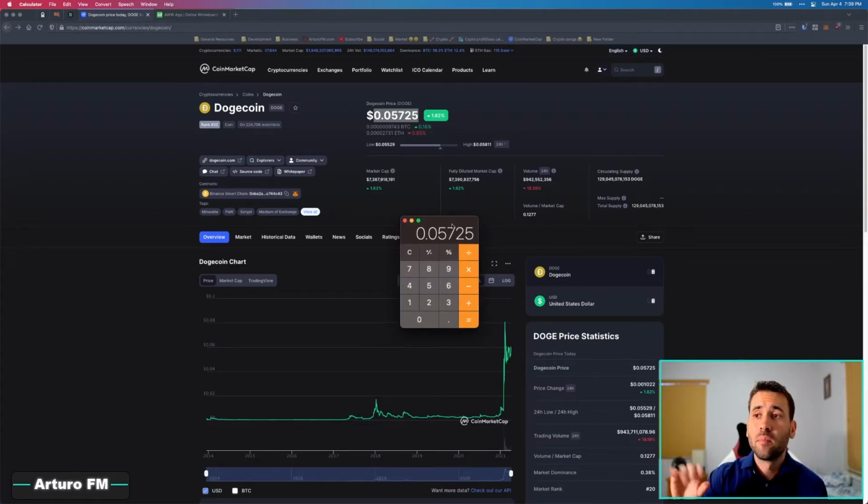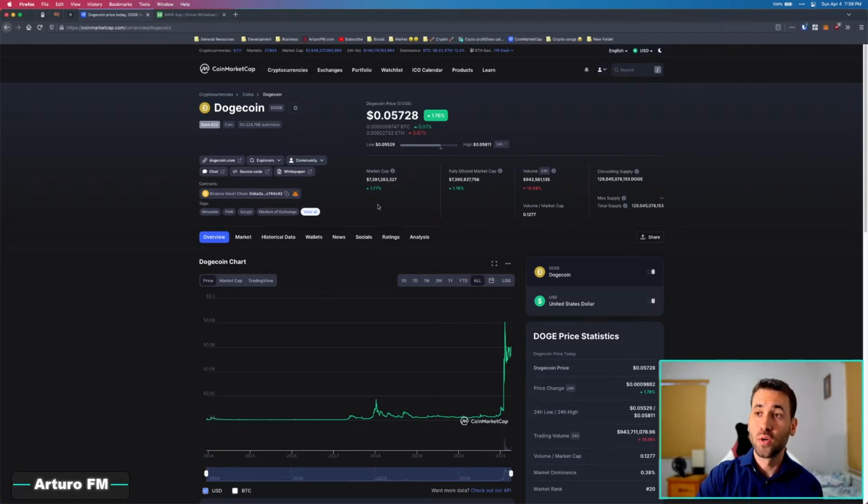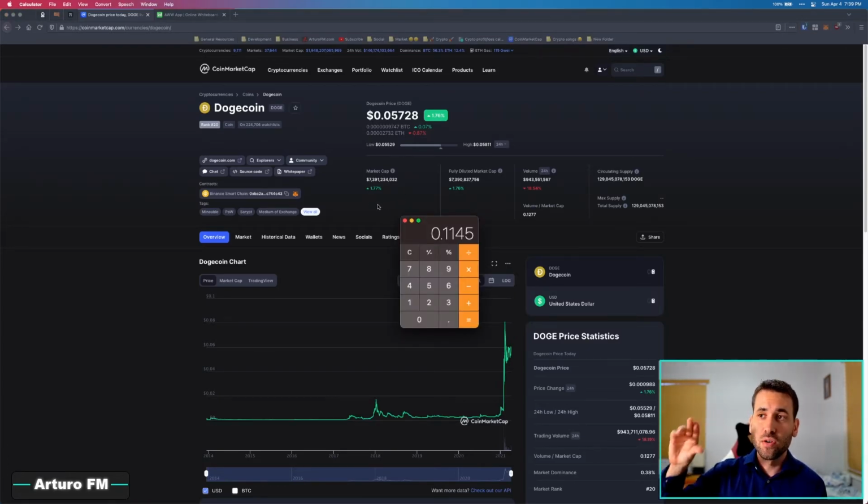So at this point in time, people have invested in Dogecoin $7,388,000,000. In order for this to go to, let me do the times 2, 0.11 cents, it would have to be $14 billion in market cap. So you're going from 0.05 cents to 11 cents, which is nothing.